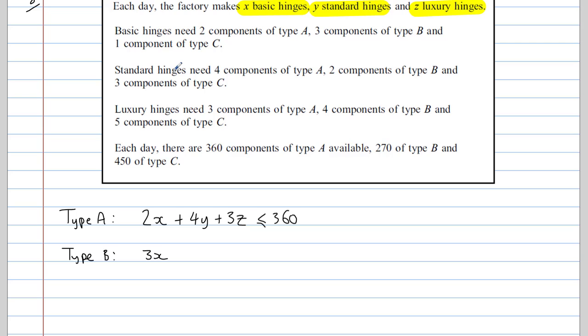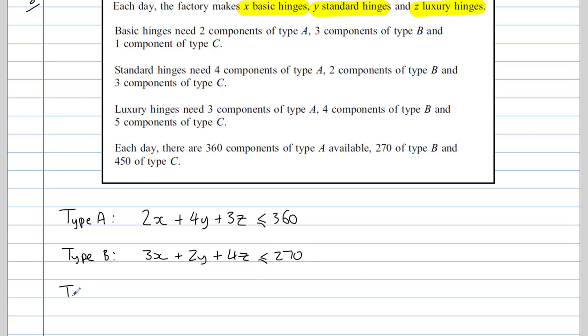For the standard hinges, I need 2 components of type B to make each one, so that would be plus 2Y. And for the luxury hinges, I need 4 components of type B, so that would be plus 4Z. So this expression represents the total number of type B components that I'm going to use. And it tells me on the bottom line that I have 270 of these available. So that must be less than or equal to 270.